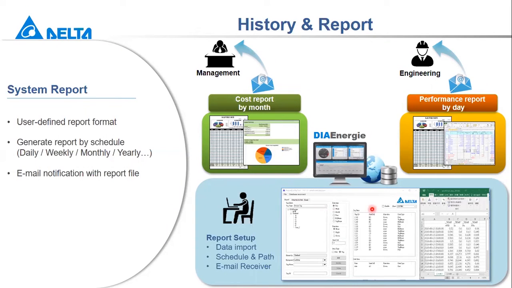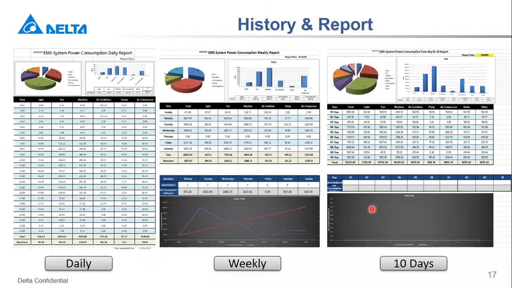All you need to do is follow the steps, do the mapping and clicking to do the configuration. Later on, I will demonstrate how to generate the report. And here are some example templates for your reference. Our system is very flexible for this kind of report.